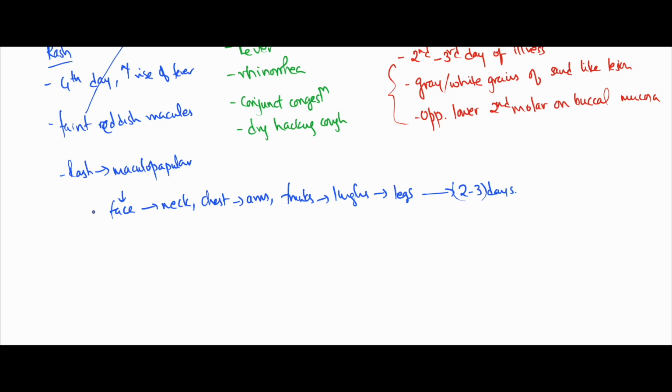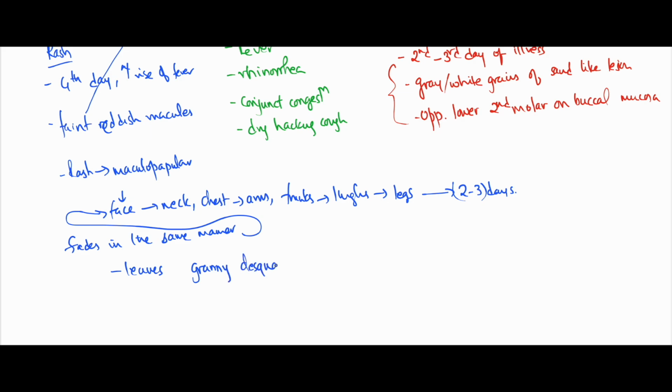So it fades in the same manner, from face, neck, chest, arms, trunk, thighs, and legs, and it leaves branny desquamation and brownish discoloration that fades over 10 days.